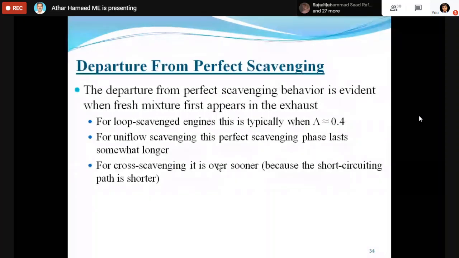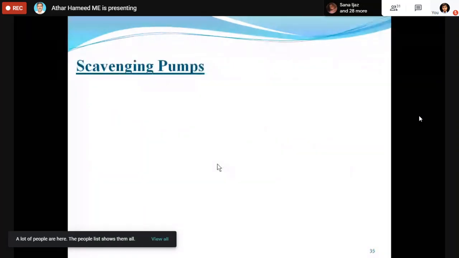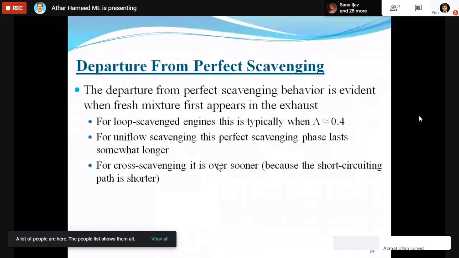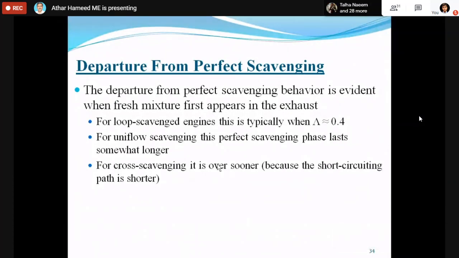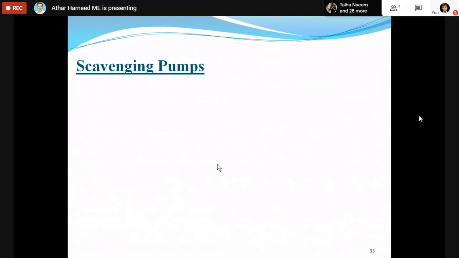So these are the departures from perfect scavenging in different scavenging systems, and then we shall discuss the scavenging pumps.